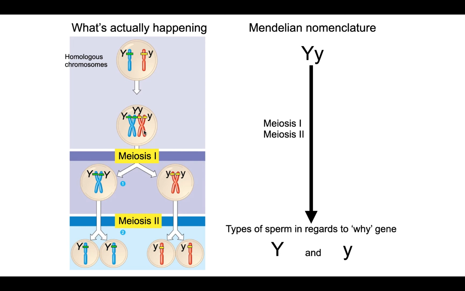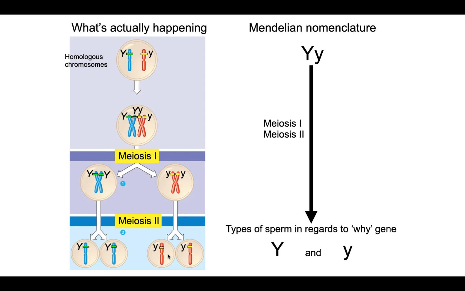And then during anaphase 1 of meiosis, those homologous chromosomes go to opposite sides. This tells us that any given gamete is only going to have one allele of each gene. It's never going to have a big Y and a little y.